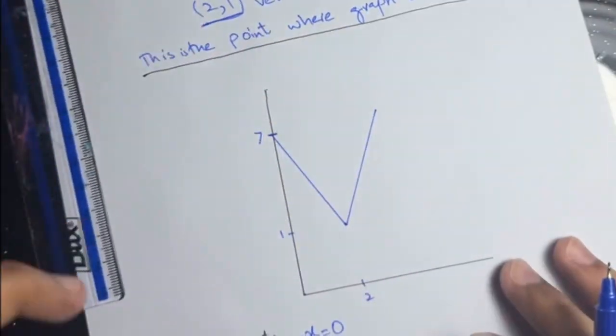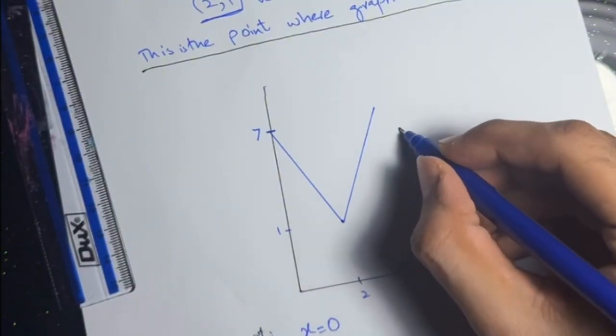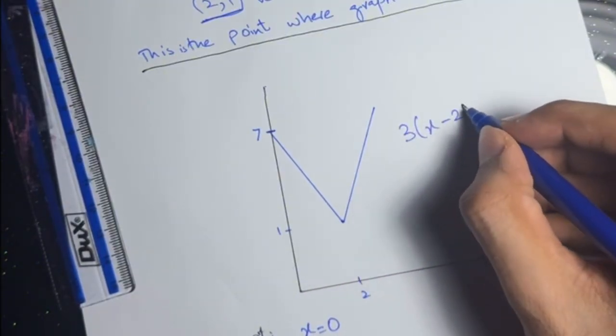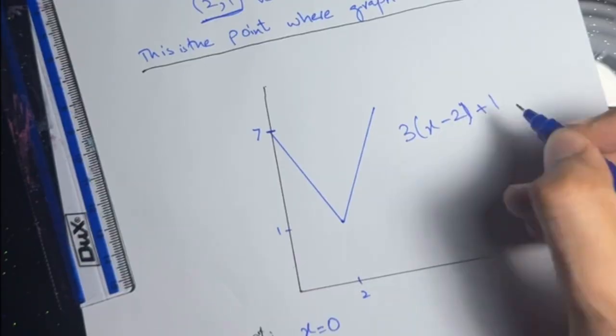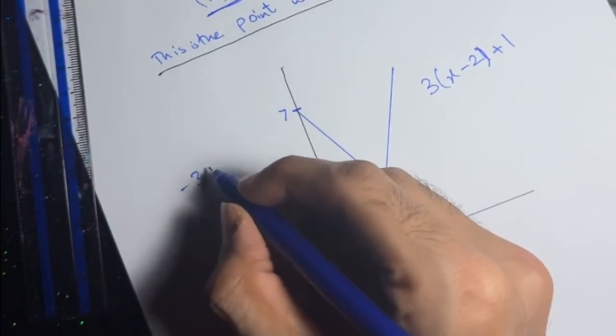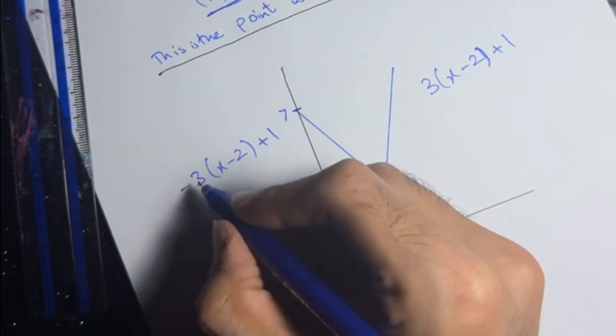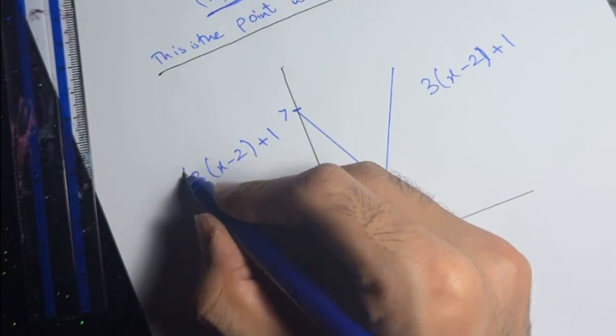This is how we will plot the graph. This one will be 3(x minus 2) plus 1 and this will be negative 3(x minus 2) plus 1. The negative is going to be multiplied with the whole expression.